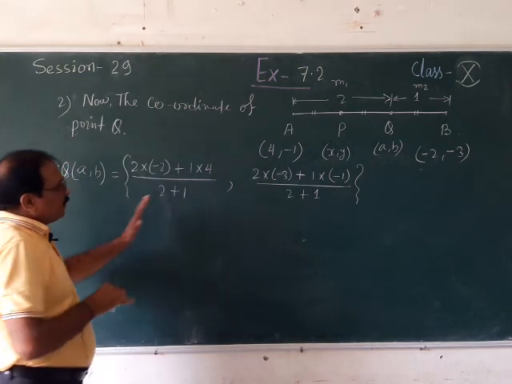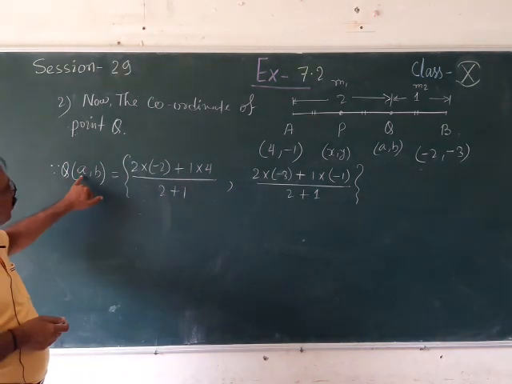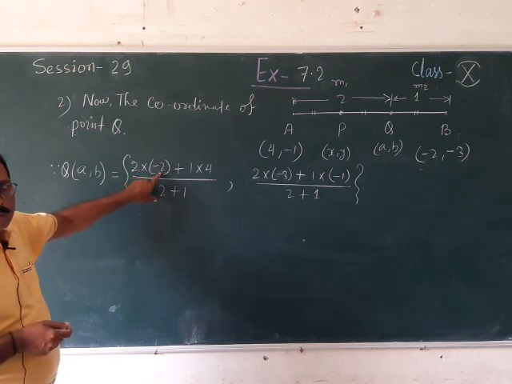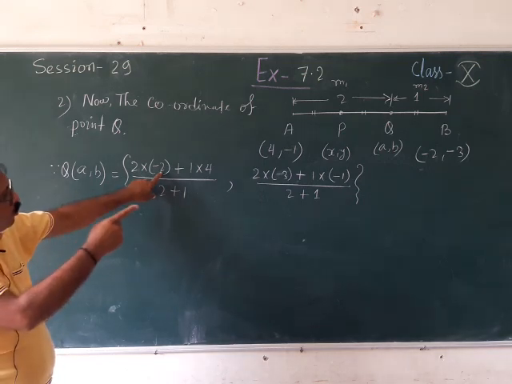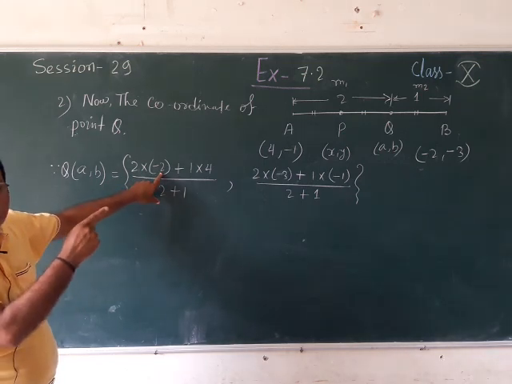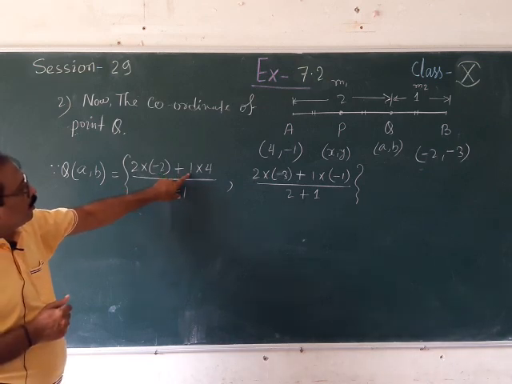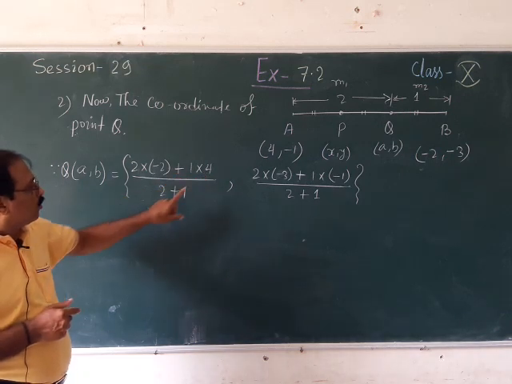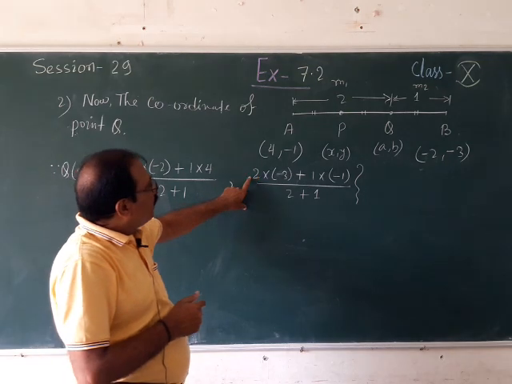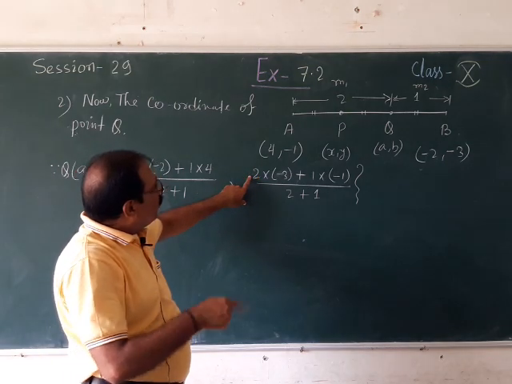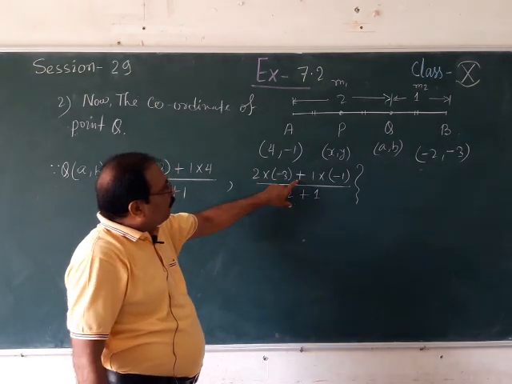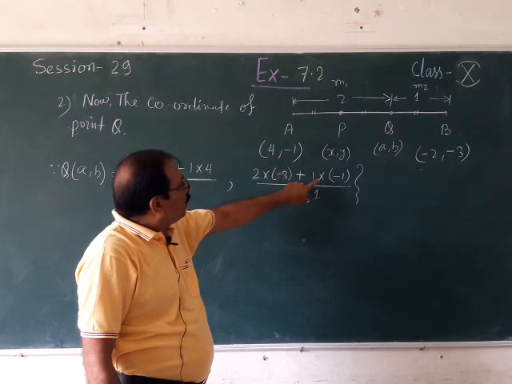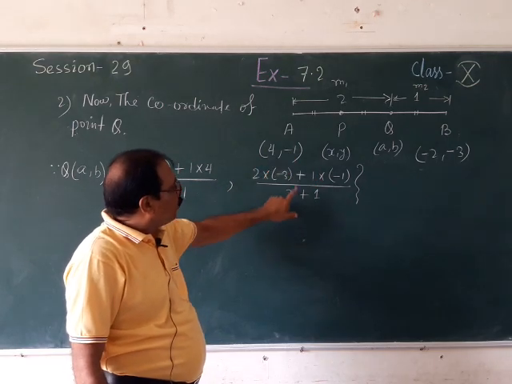So what value have I inserted here? For the point a, m1 is 2, x2 is -2, that you can see from the diagram also, plus m2 is 1 and x1 is 4, then 2 plus 1. And here again m1 is 2 and y2 is -3 plus m2 is 1 into y1, that is -1, upon 2 plus 1.